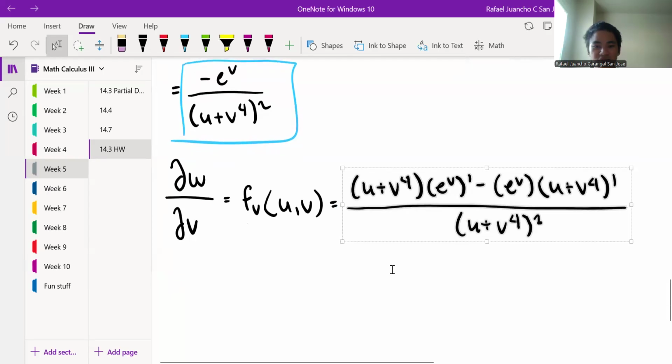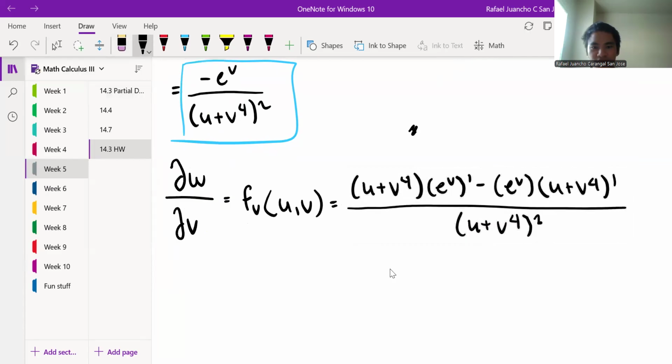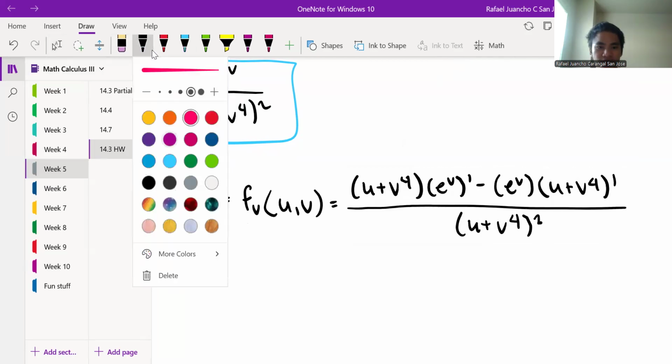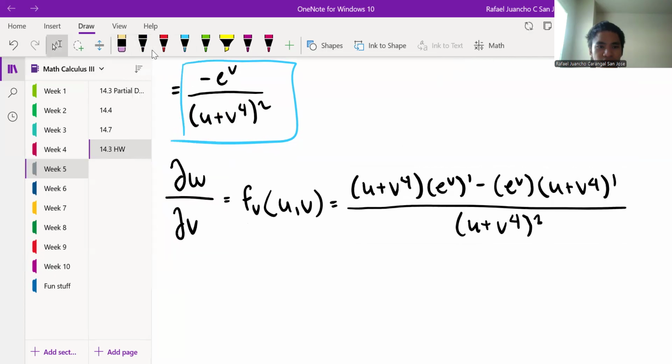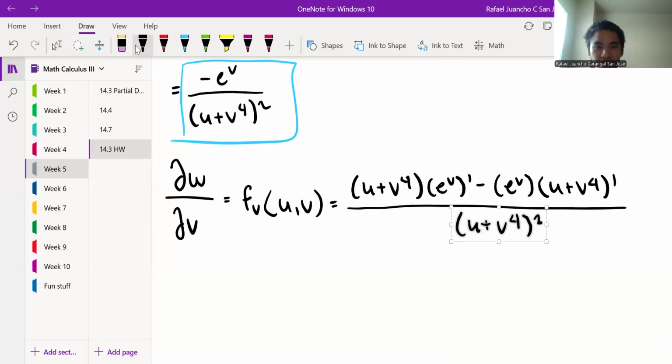Now I take derivatives. So here, oh, that's funny. Can't move. Oh, that's nice. That's not fun. Okay, how do I do this? Is there a way I could just go back to my pen? Because I can't, that sucks.